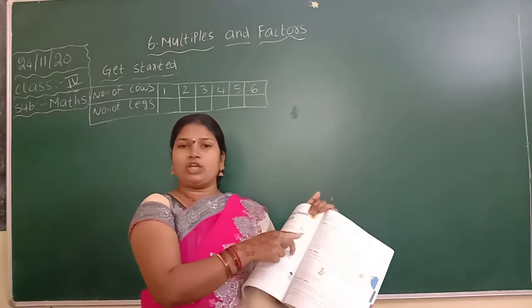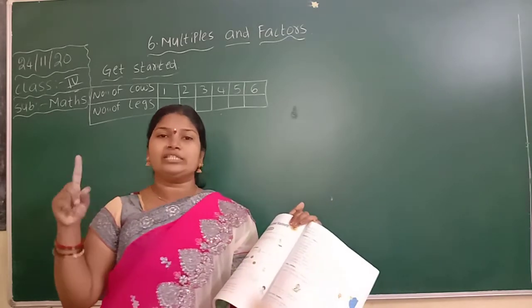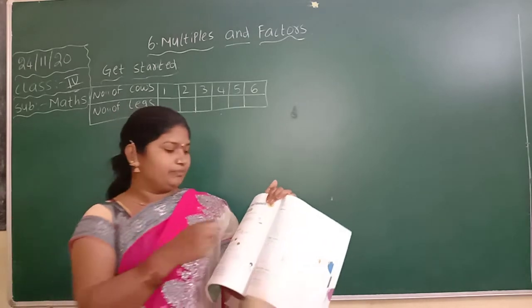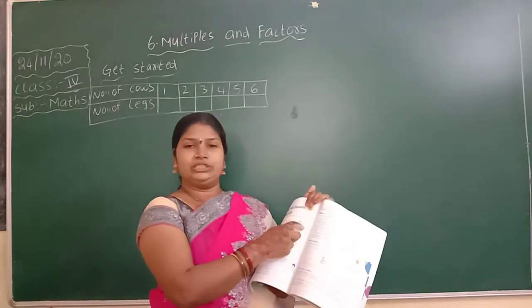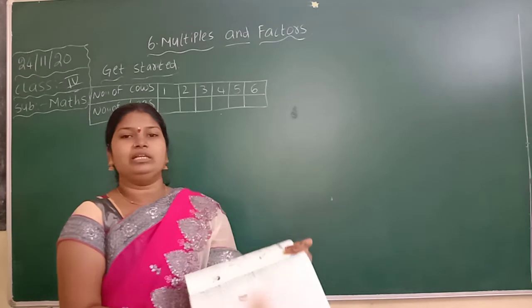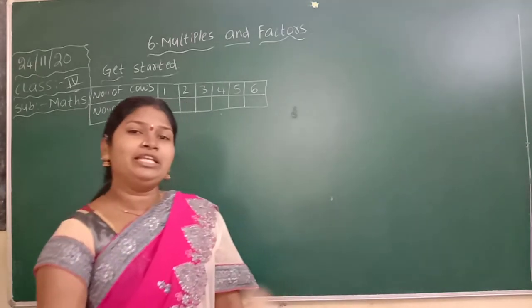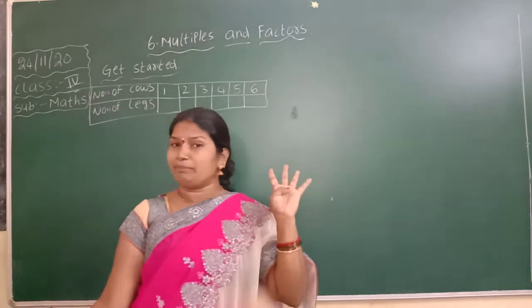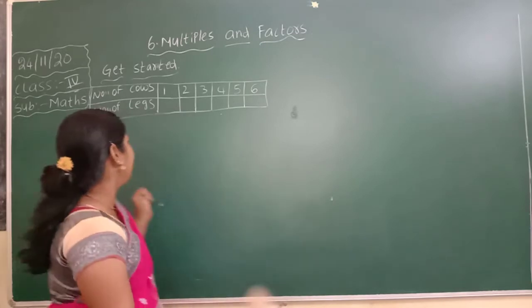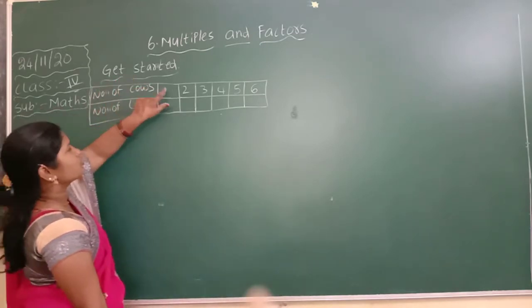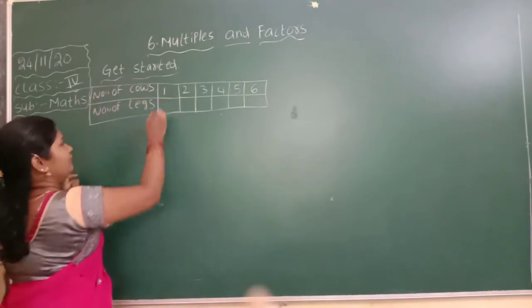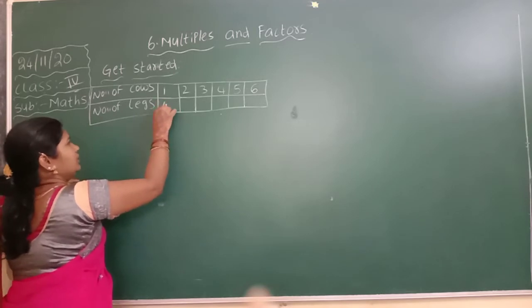Here they have given a cow figure. One cow has how many legs, children? 1, 2, 3, 4. One cow has compulsorily 4 legs. Number of cows 1 means number of legs 4.